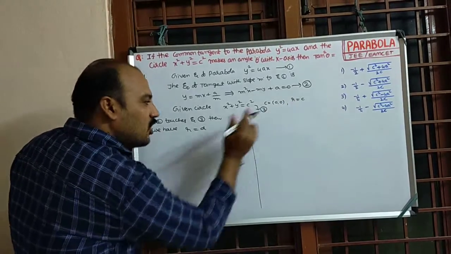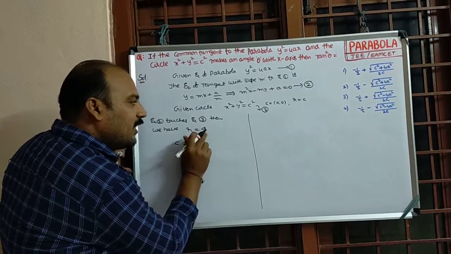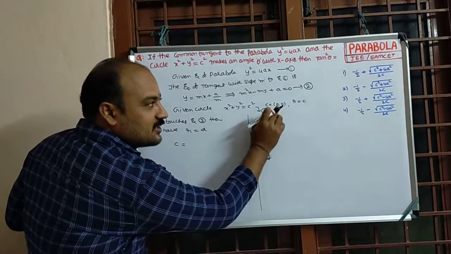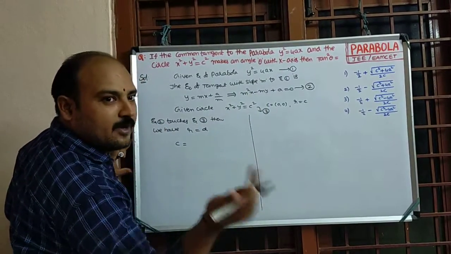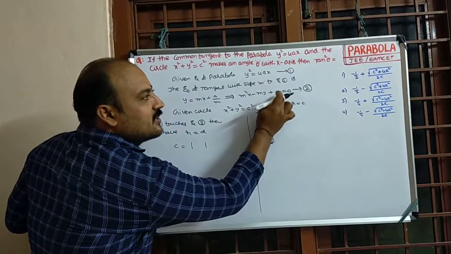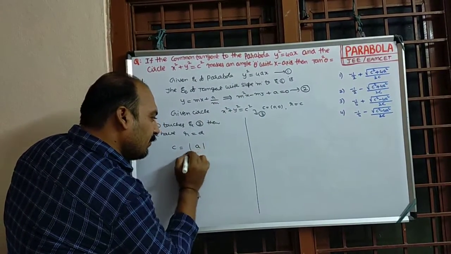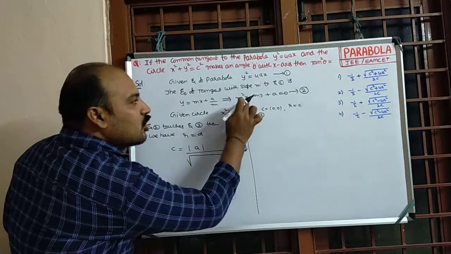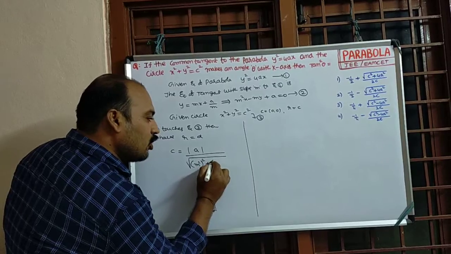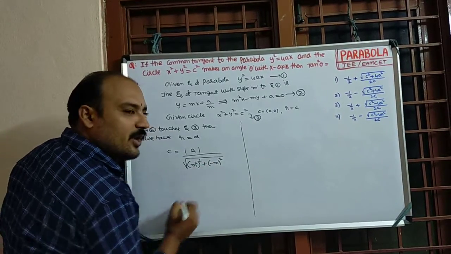Radius of the circle is what? c. Equal to the perpendicular distance from the center of the circle to this line. The perpendicular distance from the origin to the line ax plus by plus c is mod c by root of a square plus b square. The c value is what here? a by square root of x coefficient whole square, that means m square whole square, plus y coefficient whole square, minus m whole square.